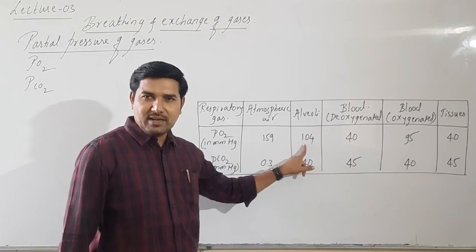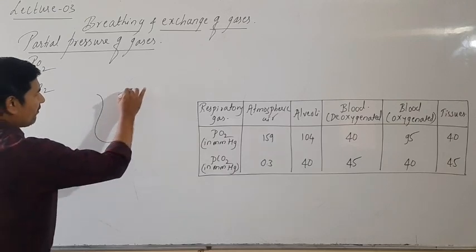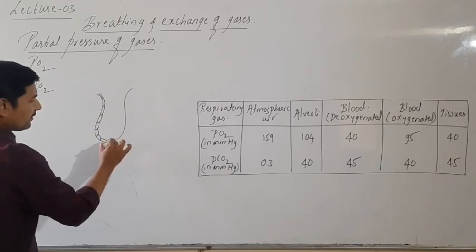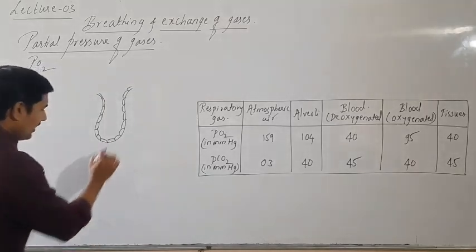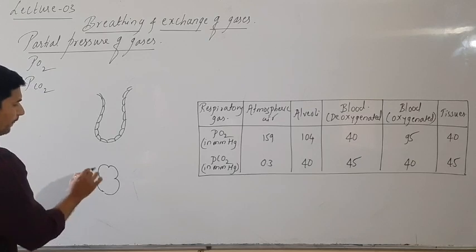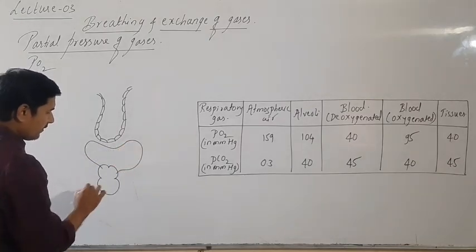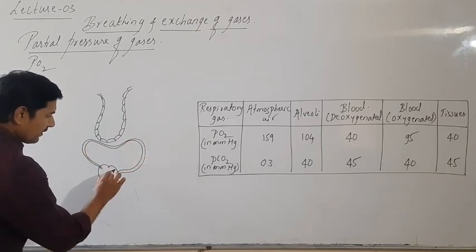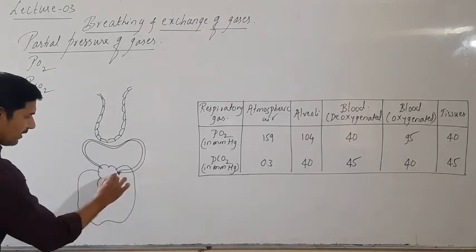So how can we make it easy? Suppose this is the alveoli. We have a diagrammatic representation of this in the NCERT also. If we take a heart, here we have the blood vessel that comes in, and here we have the blood vessel that leaves the heart.